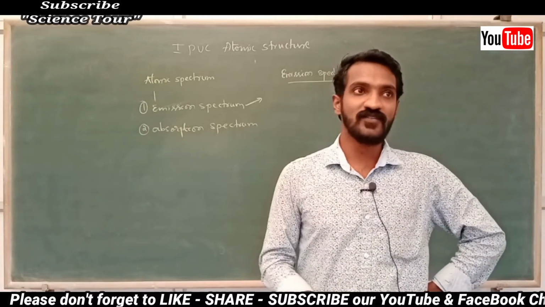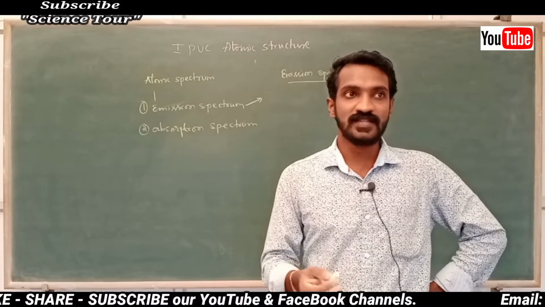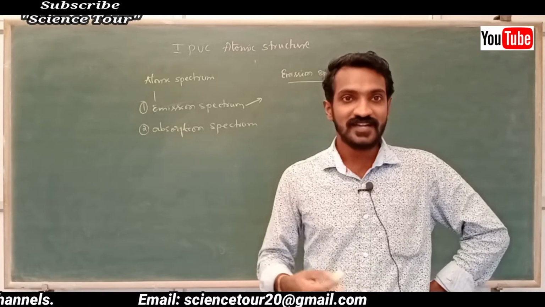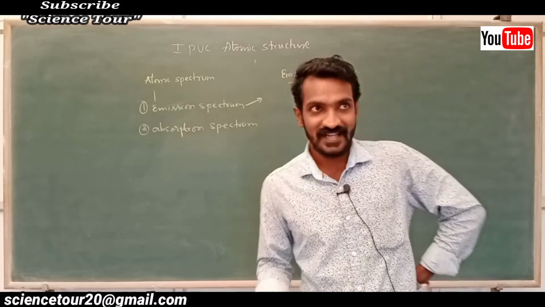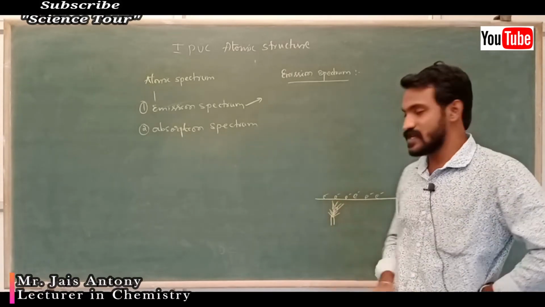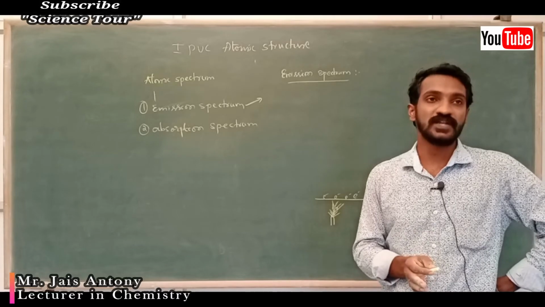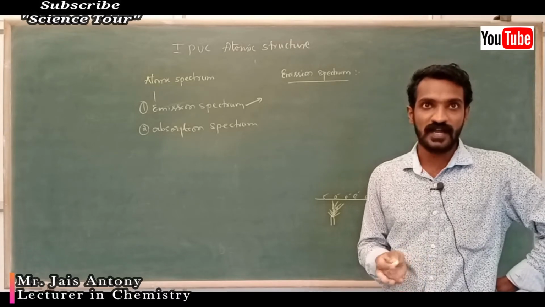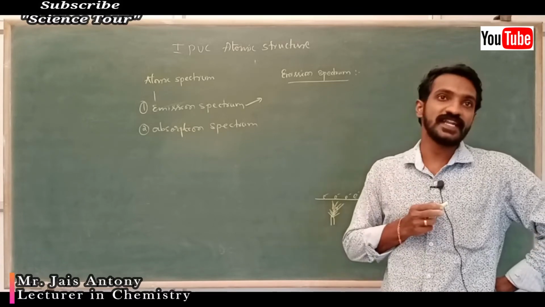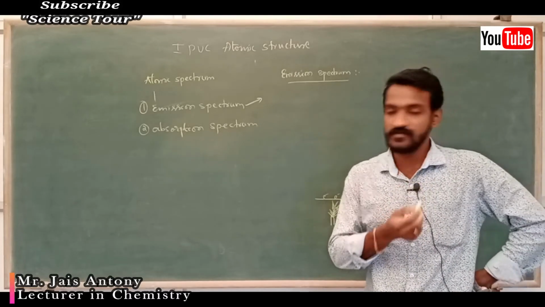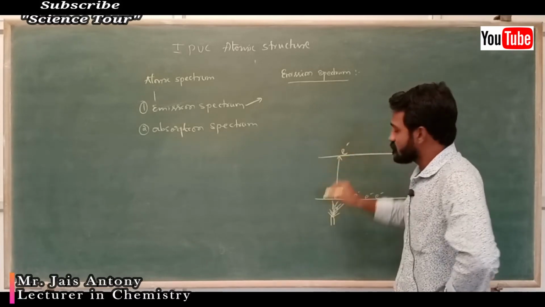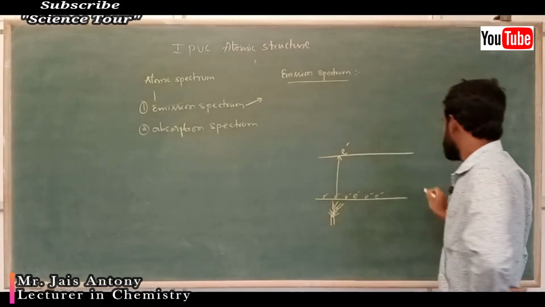Like runners, at that time they drink boost, glucose, which gives extra energy. Like that, the electrons of the hydrogen atom are in a lower energy level. When you heat the hydrogen atom, the electron present in it absorbs that heat energy and jumps to a higher energy level, the excited state.